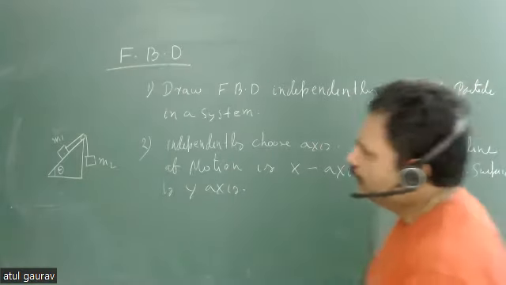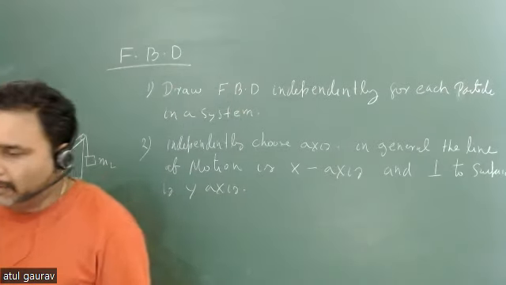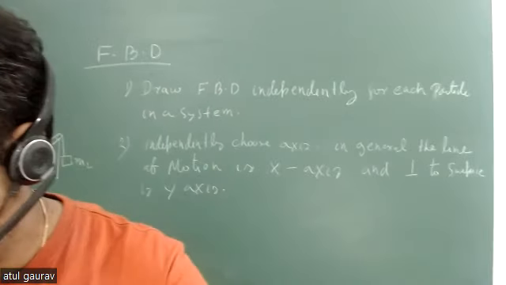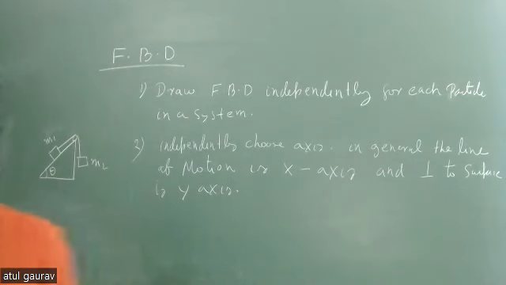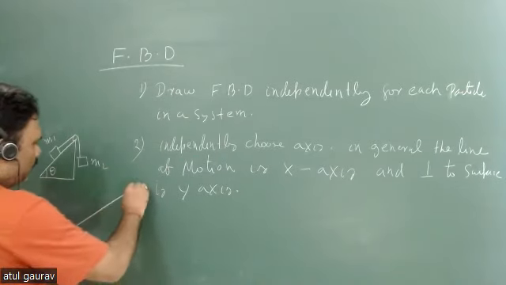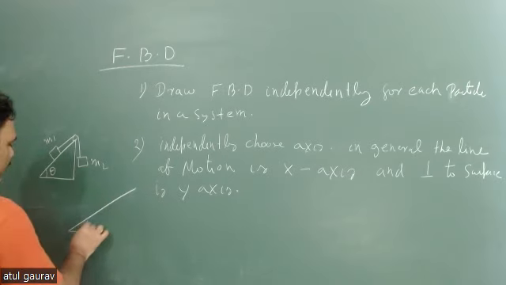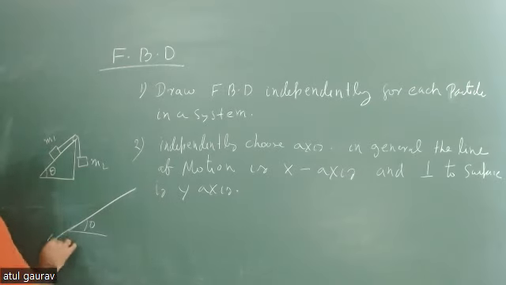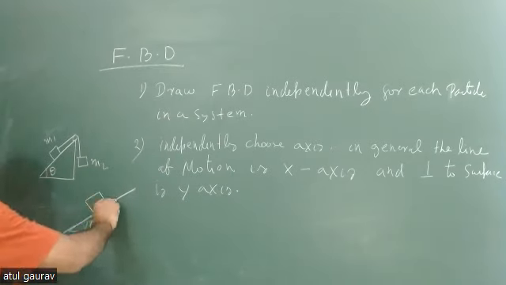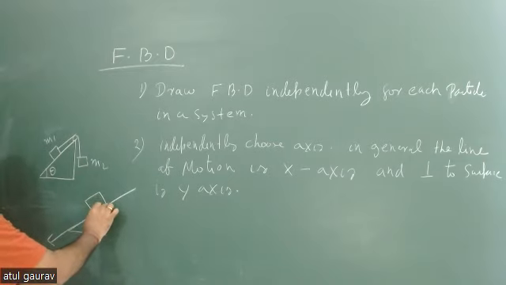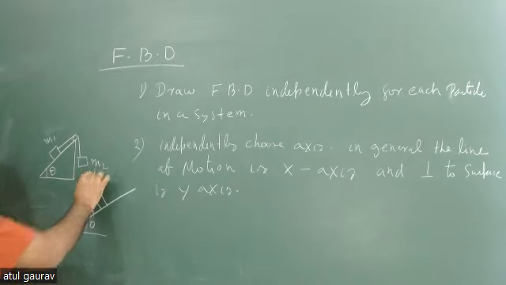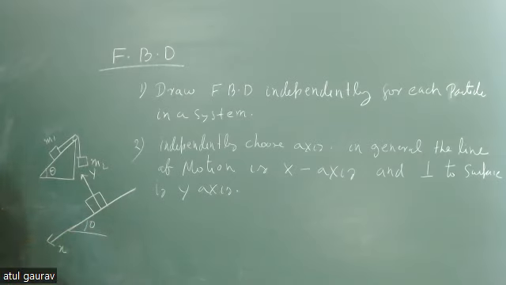What is the meaning of that? Suppose I am talking about the first particle. I will choose this as my x-axis, because suppose this M1 is going downward. So I am choosing this as my x-axis, and the perpendicular of this surface is my y-axis. This is my x-axis and this is my y-axis. Are you getting my point?